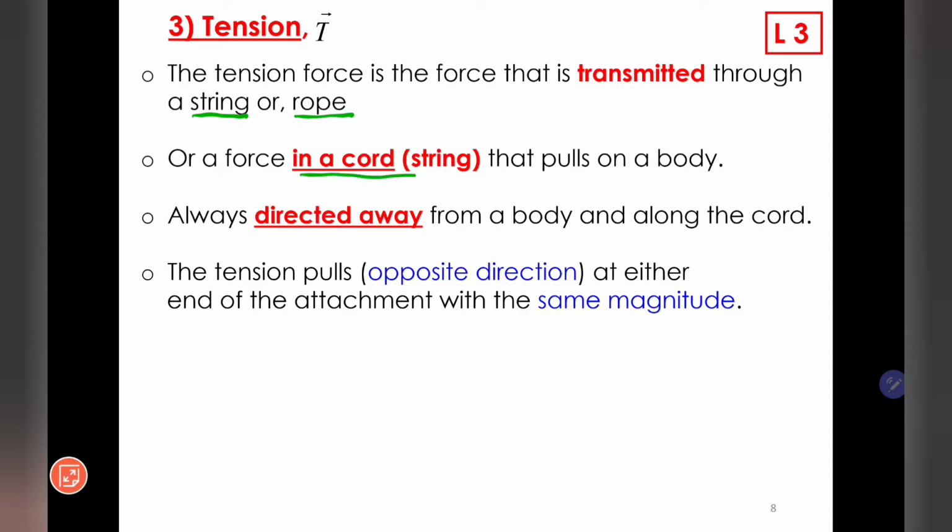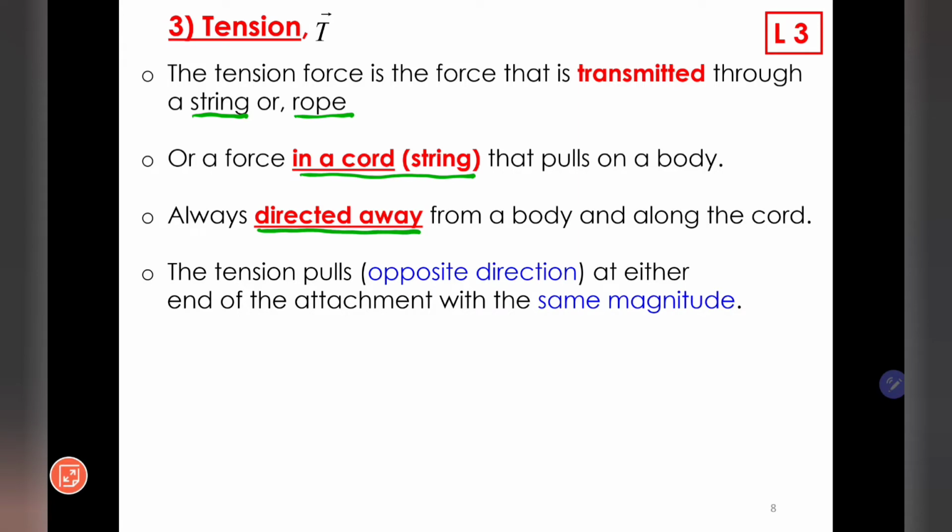Tension is always directed away from a body and along the cord. So remember, directed away from a body. It must be directed outward from any body. And then the tension pulls in the opposite direction at either end of the attachment with the same magnitude.